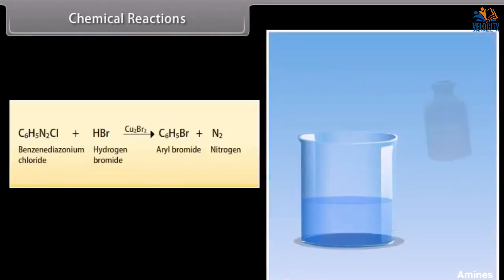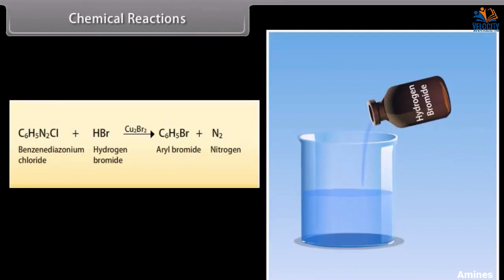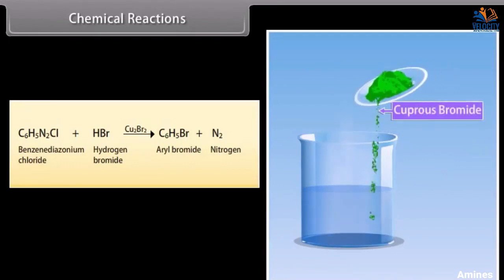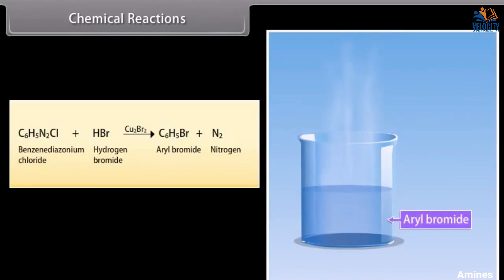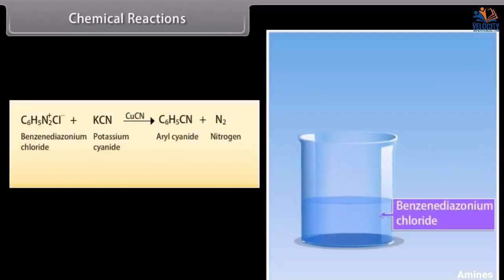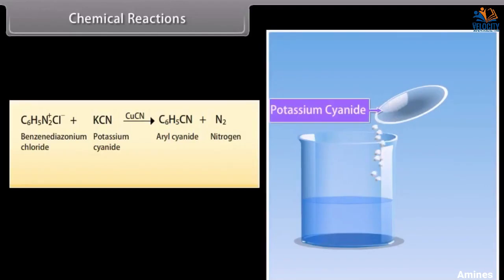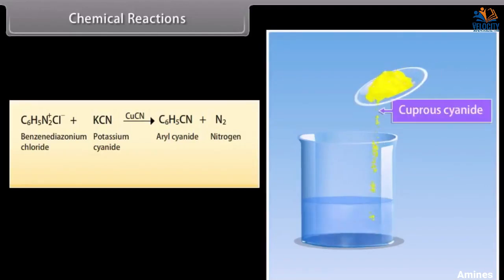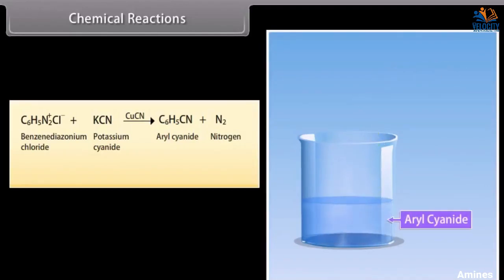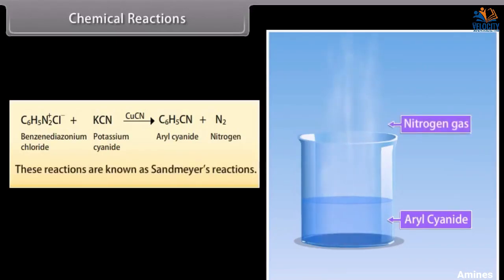With hydrogen bromide and cuprous bromide it yields aryl bromide, and with potassium cyanide and cuprous cyanide it yields aryl cyanide, each evolving nitrogen gas. These reactions are known as Sandmeyer reactions.